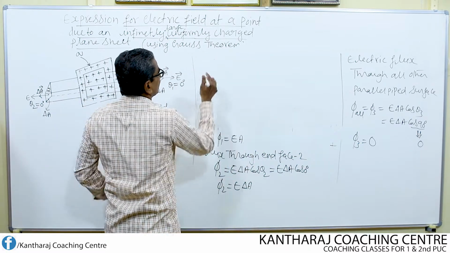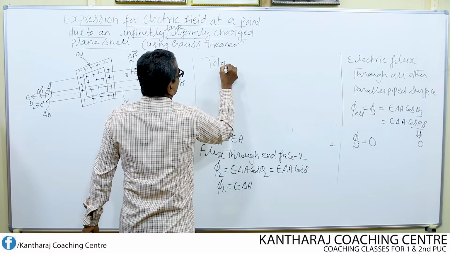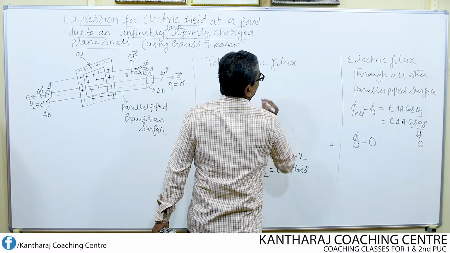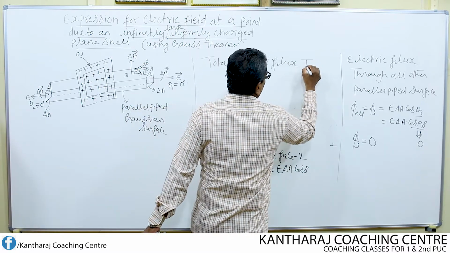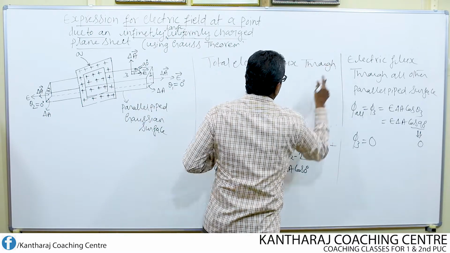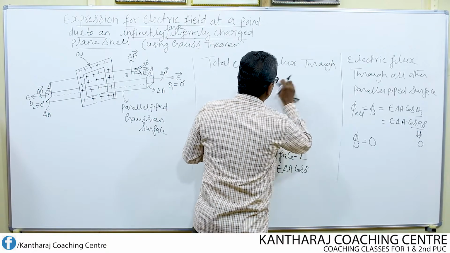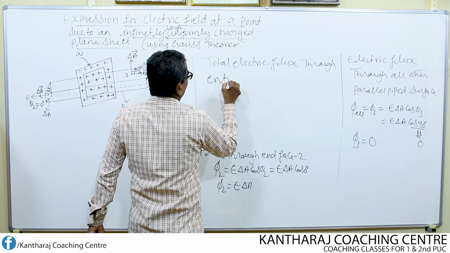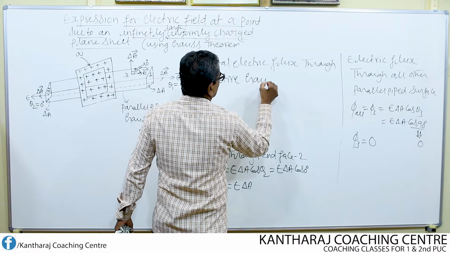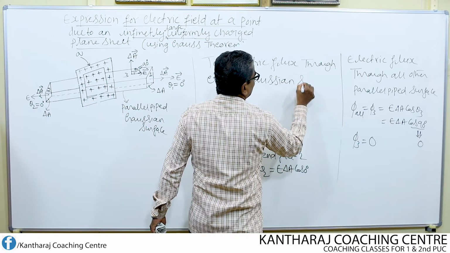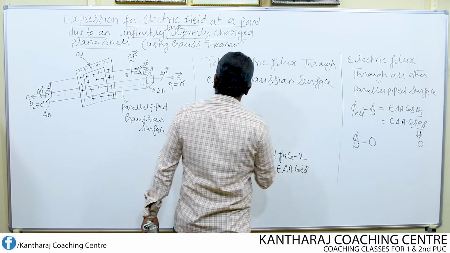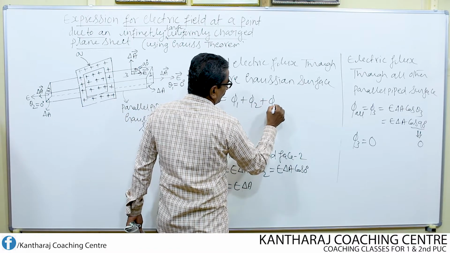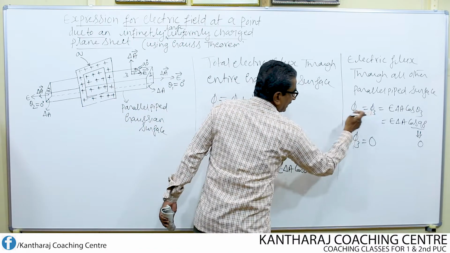Let us write like this: the total electric flux through the entire Gaussian surface is given by phi equal to phi 1 plus phi 2 plus phi 3, or instead of phi 3 I can write phi all.